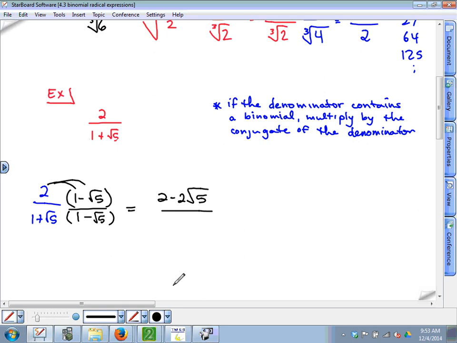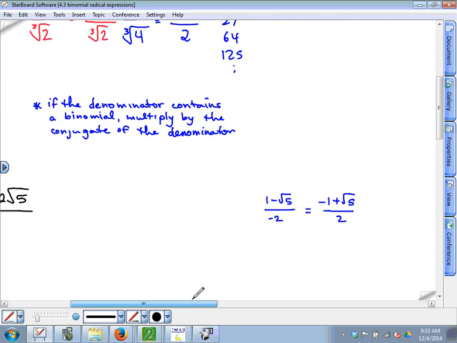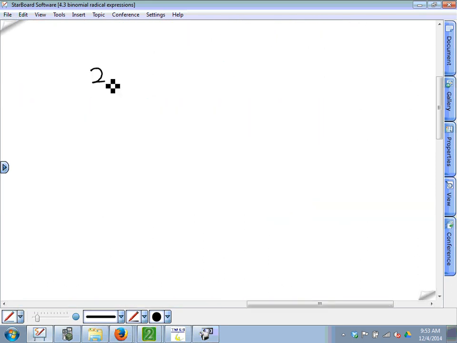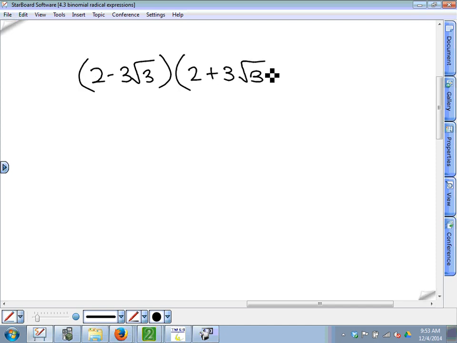I'm going to take a little diversion here for a second. Sorry. I want you to watch this. You don't need to write this down. This was your quiz question. It was 2 minus 3 root 3 multiplied by 2 plus 3 root 3. Wasn't this your quiz question? Knowing that these are conjugates, you could have shortened the multiplication process down a bit. Here's what I mean.